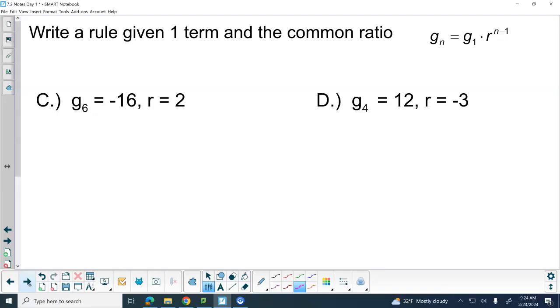All right, so let's write rules given certain conditions. So we've got one term in our sequence. We've got the common ratio in our sequence. We need to find the rule.